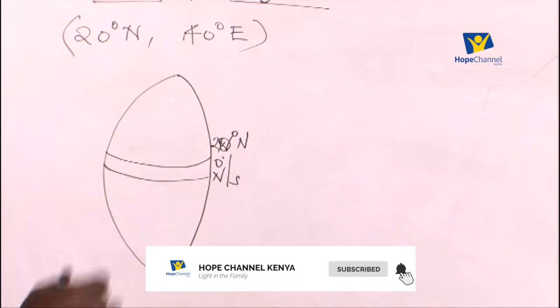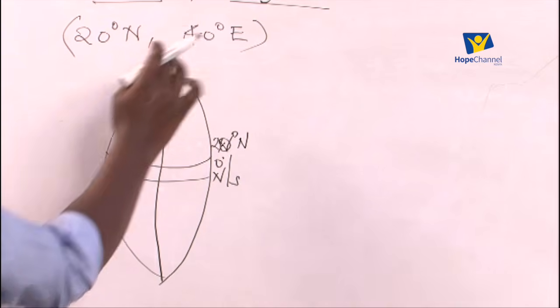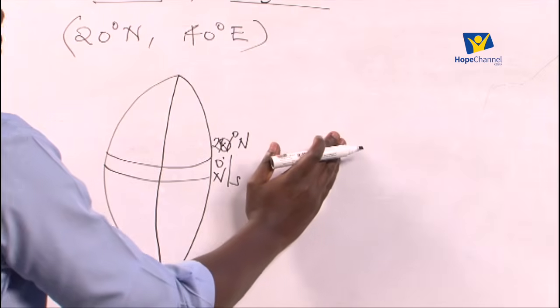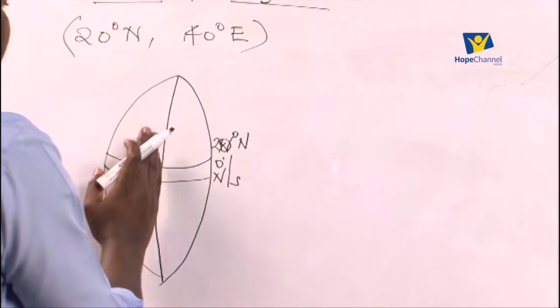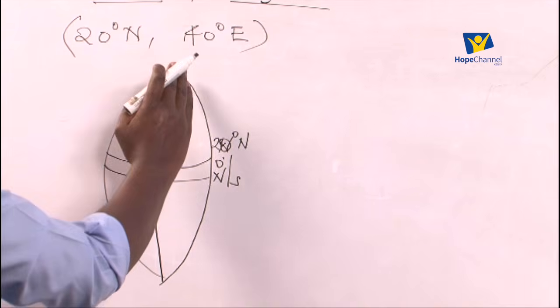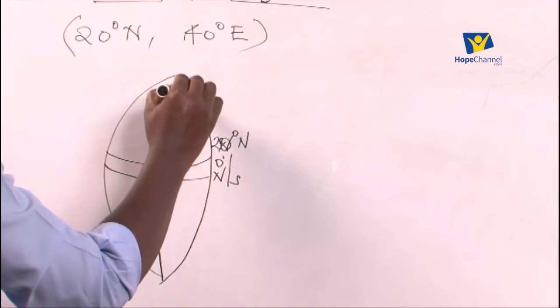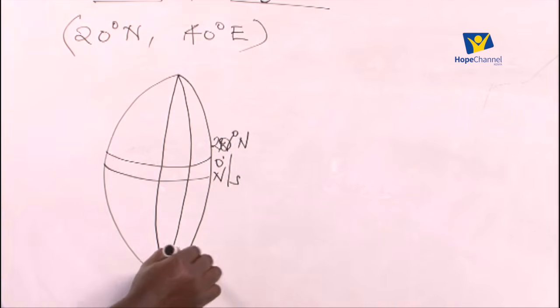Then 40 degrees east from the Greenwich meridian. Is east on the right side of this line or on the left side? Correct, it is on the right side of the Greenwich meridian. So you can approximate the point 40 degrees east there.